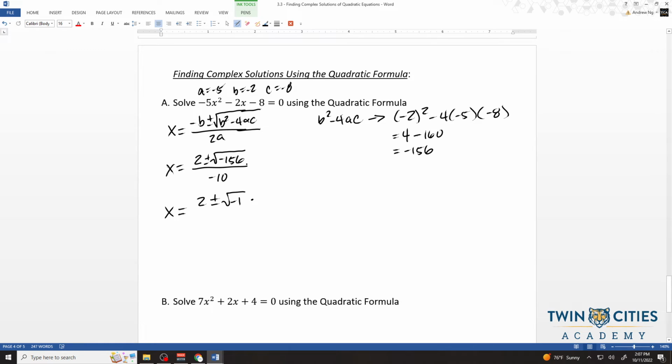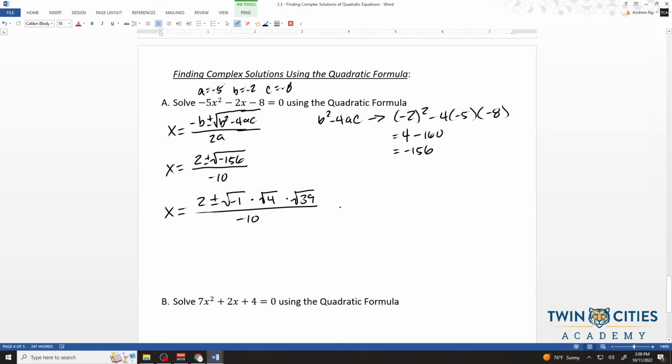Positive 156 is divisible by 4. I'm going to use 4 because that's a perfect square. So this is divisible by 4, and when I do that, I'm left with 39. So this negative 1 times 4 times 39 gives us this negative 156. And this is all over negative 10.